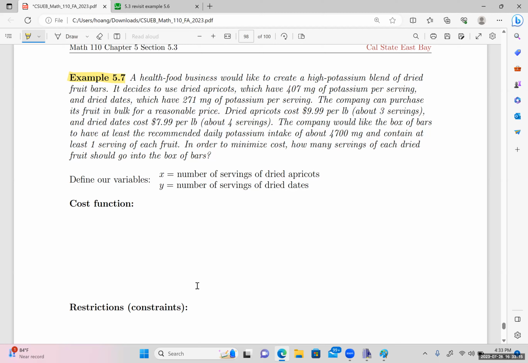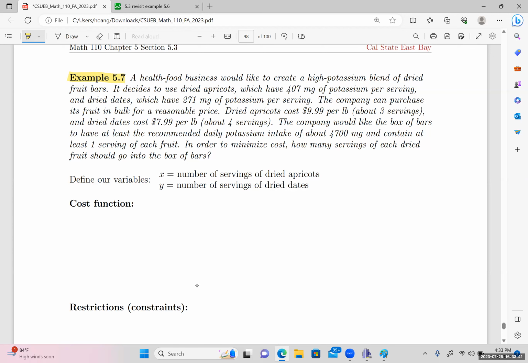Okay. The company can purchase its fruit in bulk for a reasonable price. So dry apricot costs $9.99 per pound, about 3 servings. Okay, and dry date costs 7.99 per pound, about 4 servings.